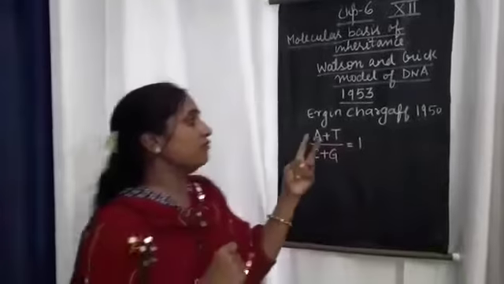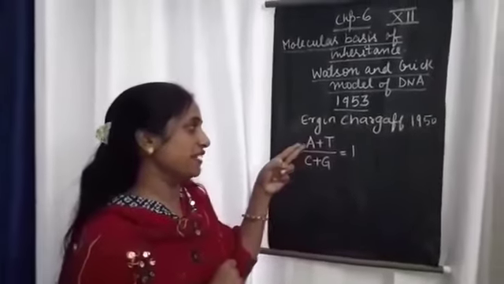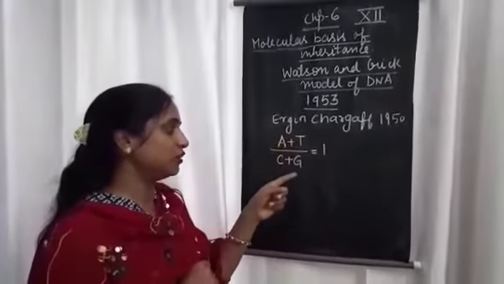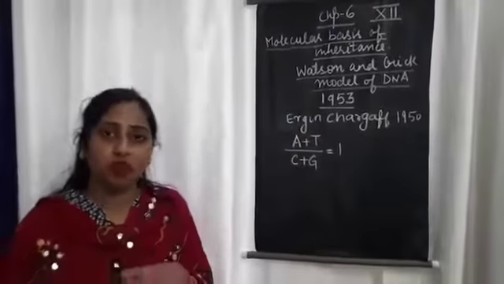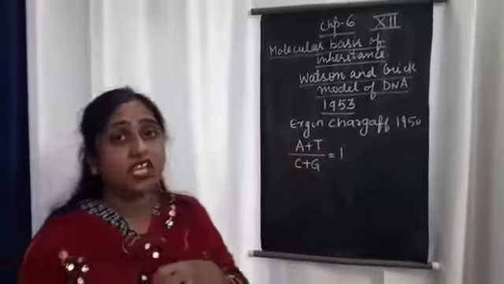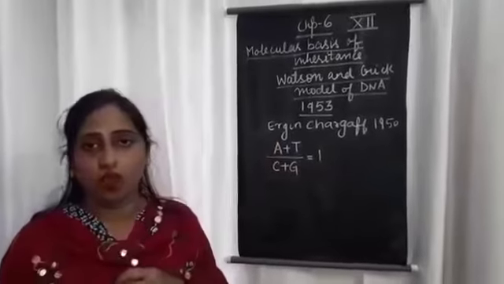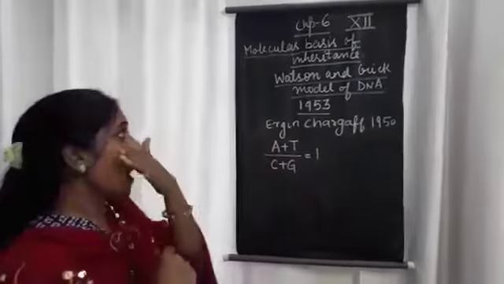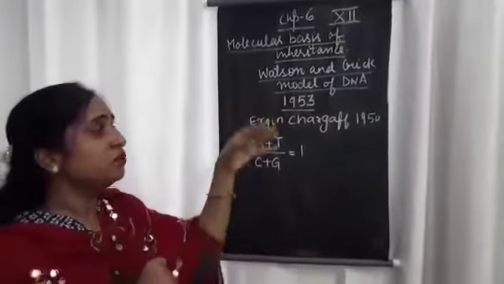That means whatever will be the number of base pairs of adenine and thymine and the cytosine and guanine will be equal to unity, or the ratio will be always constant. This was Chargaff's rule. Now we will be learning about how Watson and Crick have deduced this model.